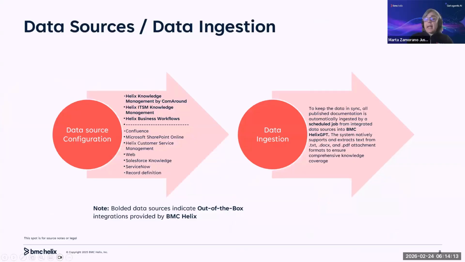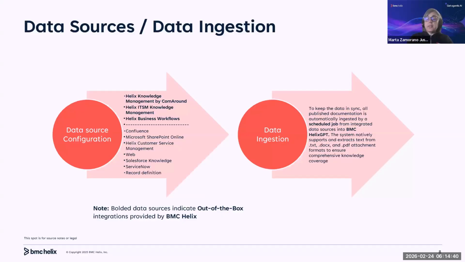Other points to highlight in more detail are data source and data ingestion. First, we look at the data source configuration. On the left, you can see the data sources that we support. The items in bold letters, Helix Knowledge Management by Comer Round, Helix ITSM Knowledge Management, and Helix Business Workflow, are our out-of-the-box integrations.